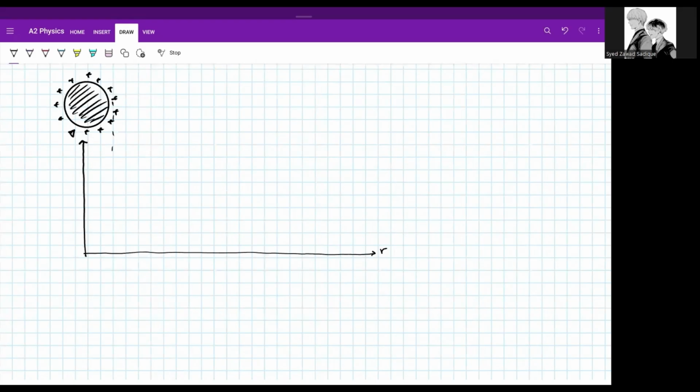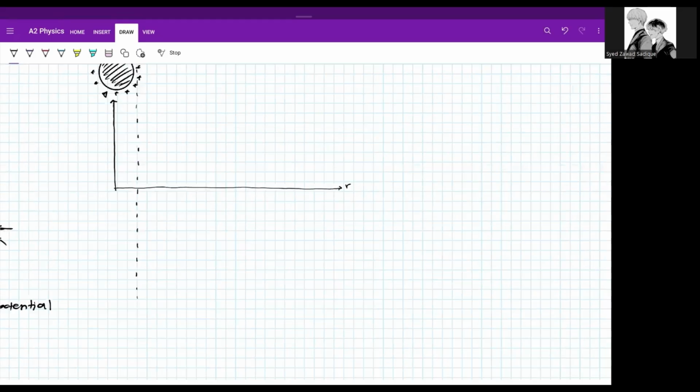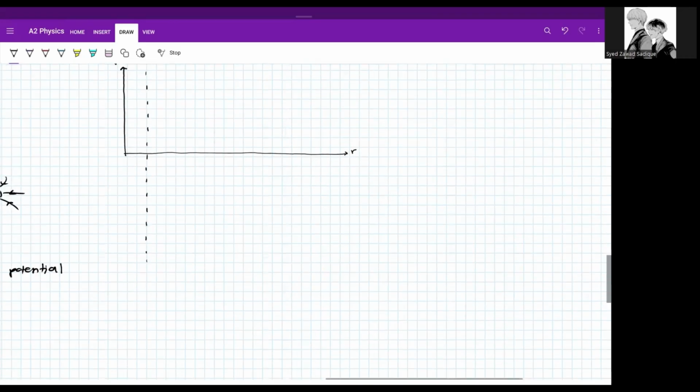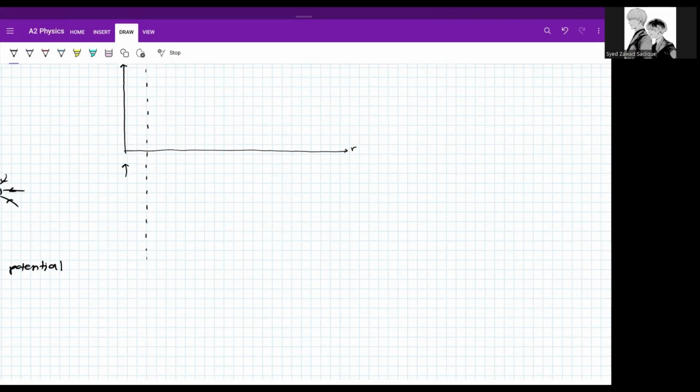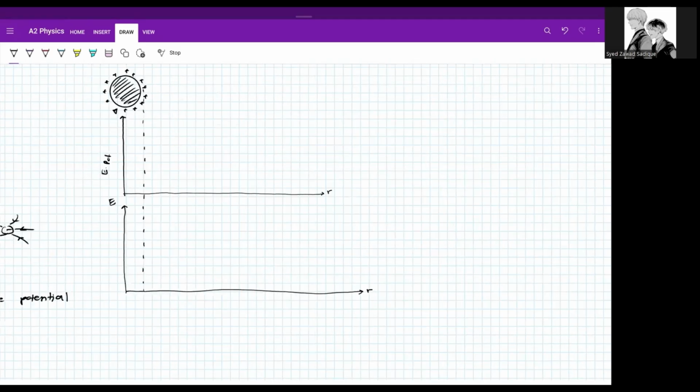Now, just do a rough sketch. Two graphs. One will be the electric potential graph, and one will be the electric field strength graph. Okay, this is R and this is E. This is electric potential, and this is electric field strength.